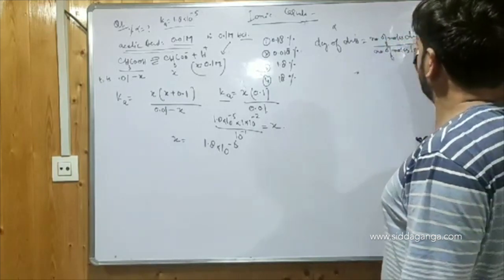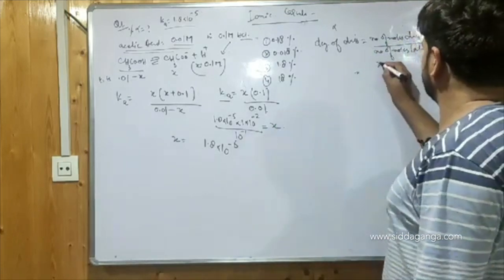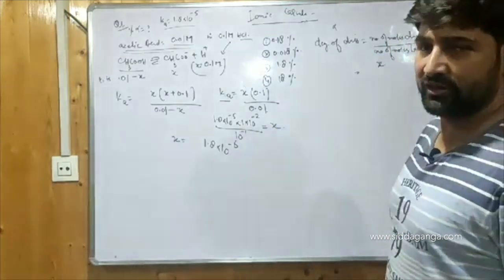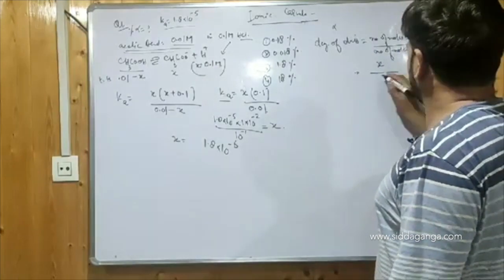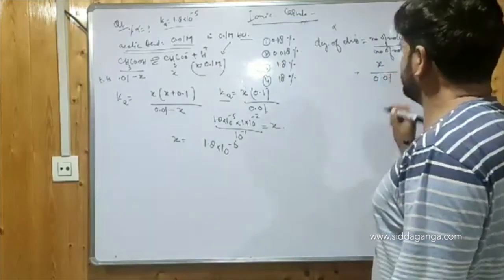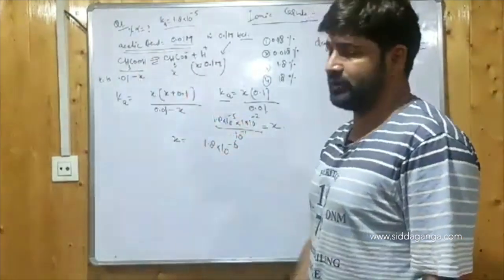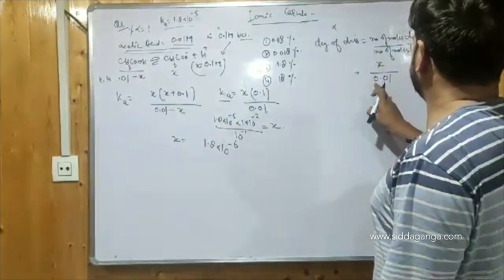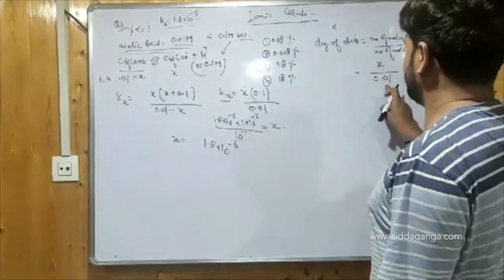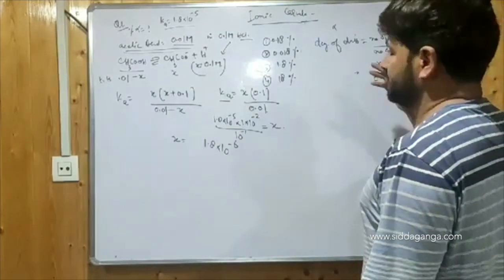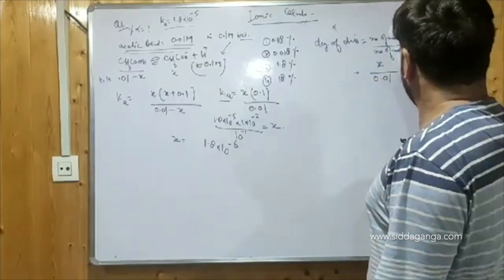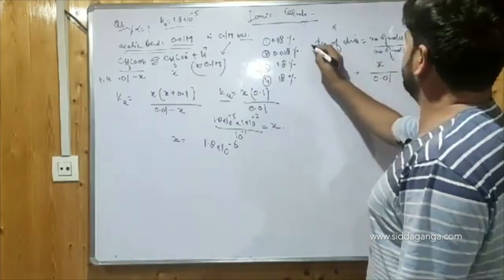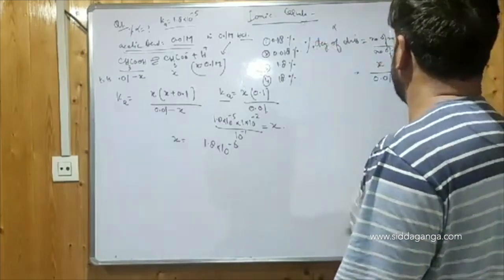So what's the number of moles dissociated? x. Or is it or not? Divided by what's the number of moles taken? 0.01, because you have taken 0.01 molar concentration of what? CH3COOH. So x divided by 0.01. Clear or not? Into 100. That will give you percentage degree of dissociation.